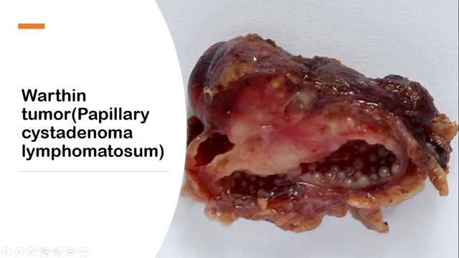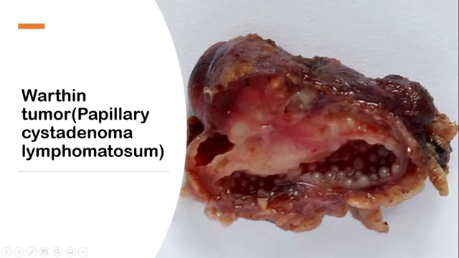The second most common tumor of the salivary gland, of the parotid gland, almost always, is called Warthin tumor or papillary cystadenoma lymphomatosum. The tumor is cystic in nature, so one of the most important differential diagnoses of parotid cystic lesions or structures, in addition to congenital anomalies, cystic dilatation of the duct, and so on, is Warthin tumor, papillary cystadenoma lymphomatosum.